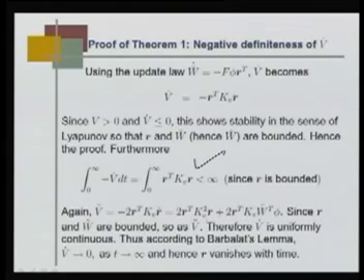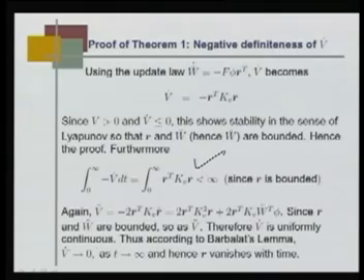Since R and W tilde are bounded, so is V double dot, the double differential of the Lyapunov function. Therefore, V dot is uniformly continuous. Thus, according to Barbalat's lemma, V dot tends to 0 as t tends to infinity. Hence, R vanishes with time.